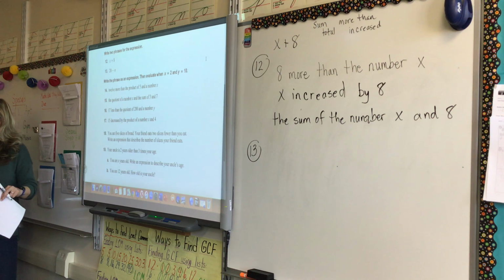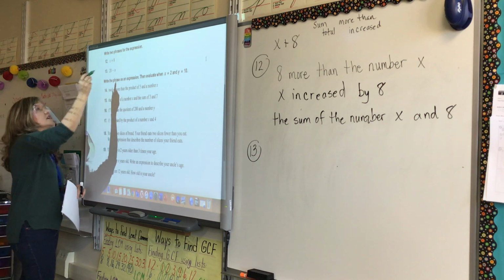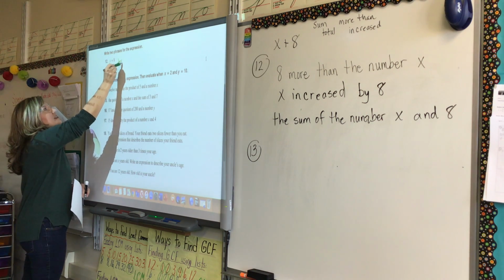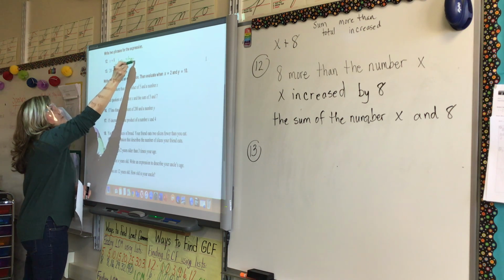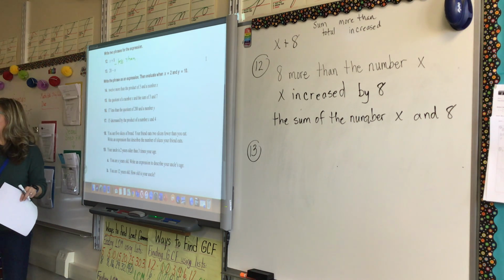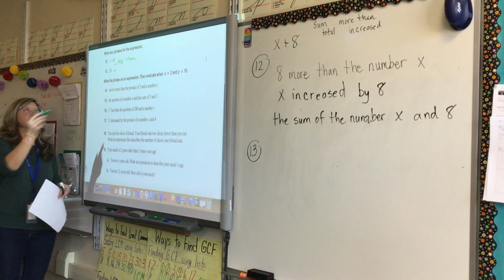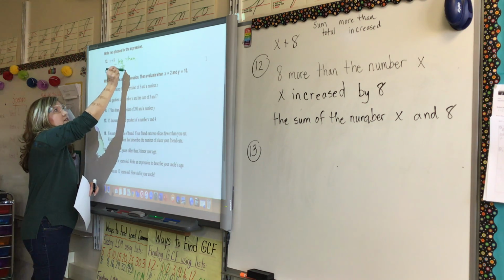Hannah, what's a key word for subtraction? How about less than? Hannah, is less than a key word for subtraction? It sure is. So less than indicates subtraction. What else? Maya? Decrease. Decreased by.